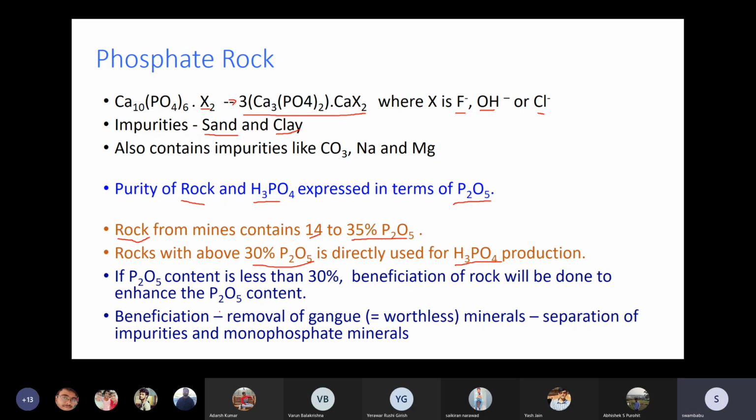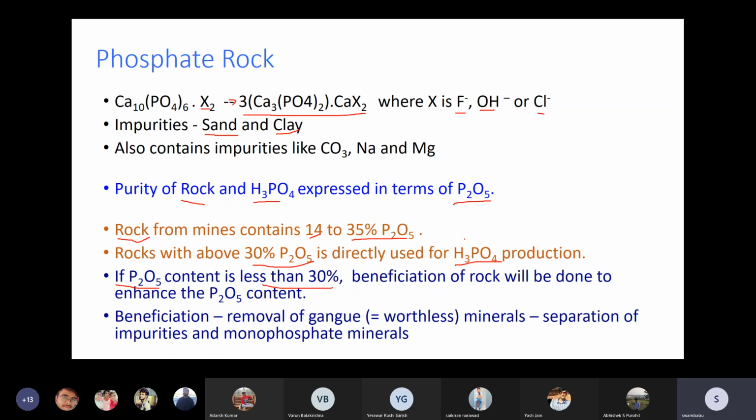If the P2O5 content is less than 30%, then beneficiation of the rock will be done. Beneficiation refers to the removal of impurities present in the rock, to enhance the P2O5 content.